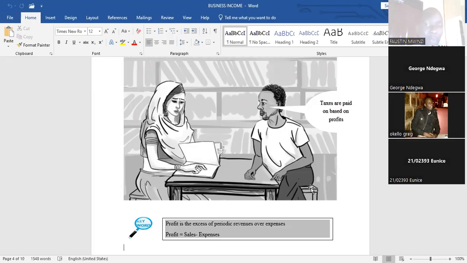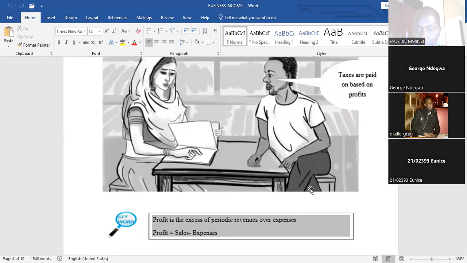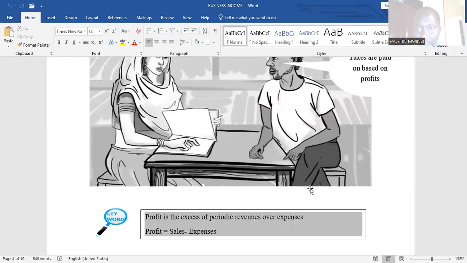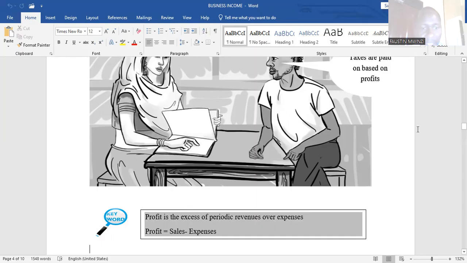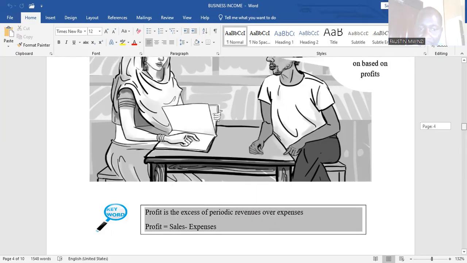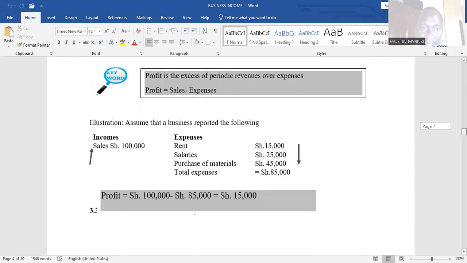And now see the response that she's getting. She's being told that she has to pay taxes from that activity that she's engaged in. So when you run a business activity, you have to pay taxes.